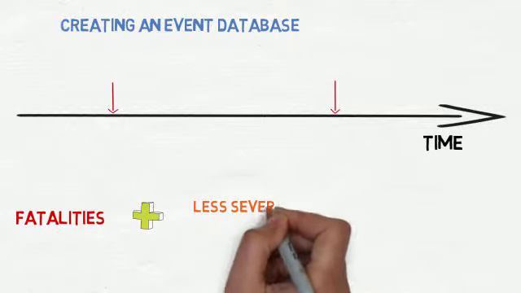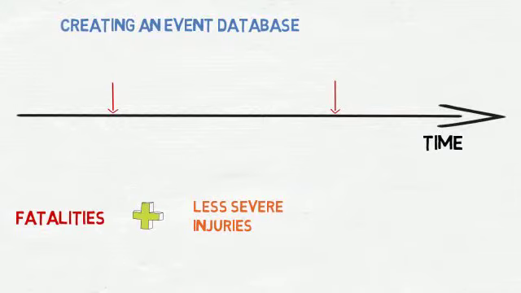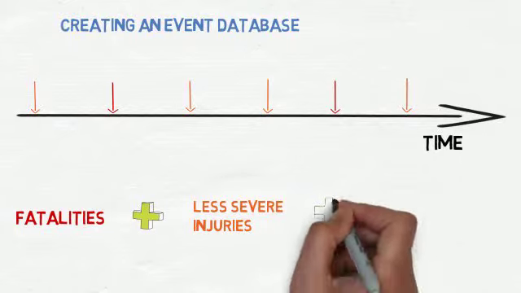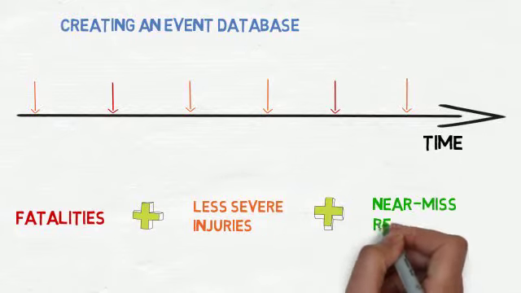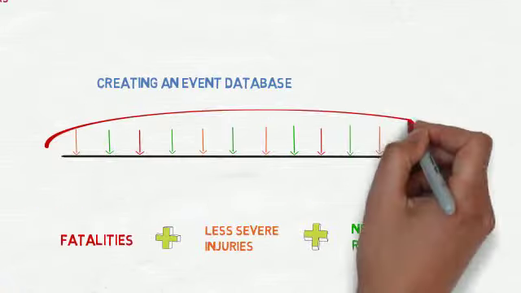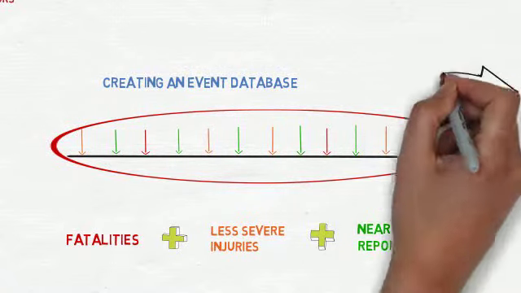Potential fatal incidences can also be drawn from less severe injuries that had the potential to be fatal under slightly different circumstances. The exact same deduction can also be made for near-miss reports. When we consider all these sources from multiple organizations, a large enough event database can be created to be statistically relevant. This has yet to be done for the construction industry despite its significant benefits.